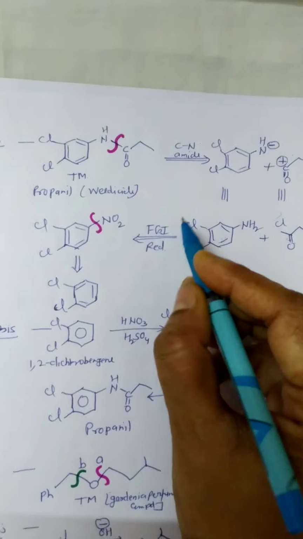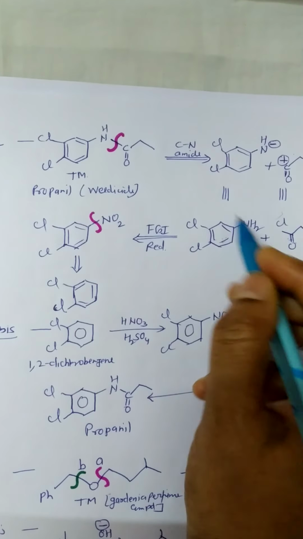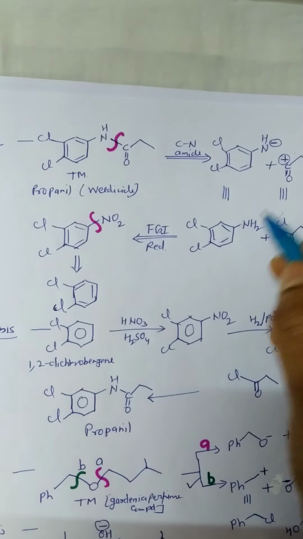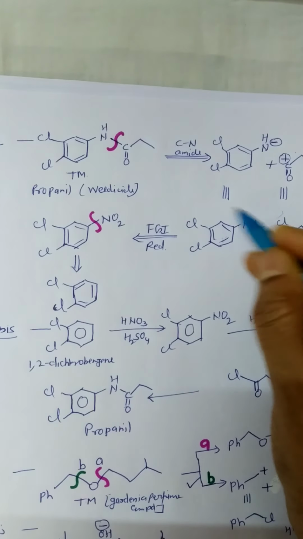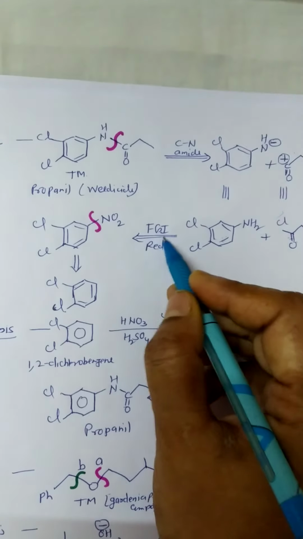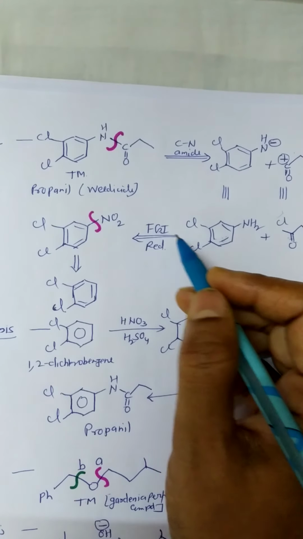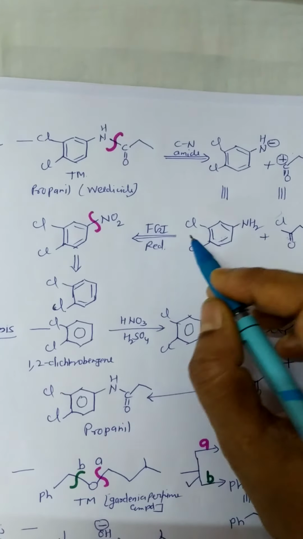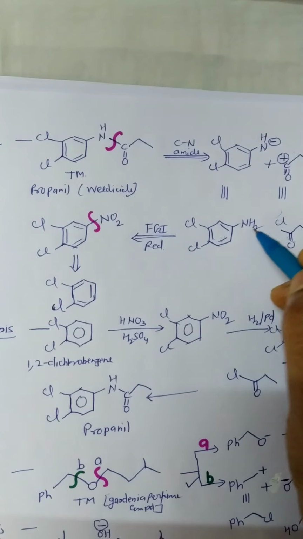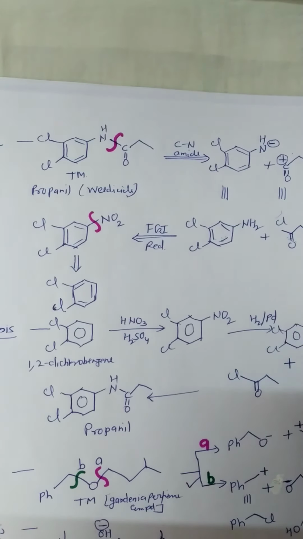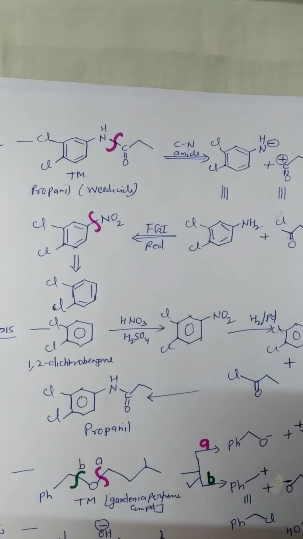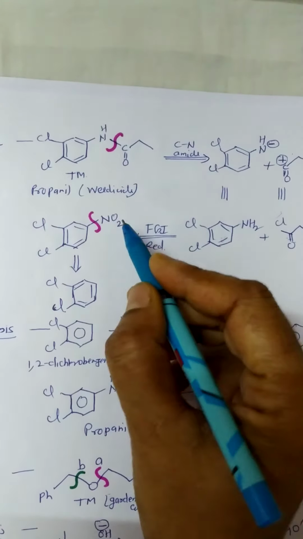Now, this molecule can also be disconnected further, but the disconnection of amine is very difficult. Therefore, we take here FGI, functional group interconversion. We disconnect a nitro compound in place of the amino compound, so we mentally convert the NH2 group to the NO2 group.